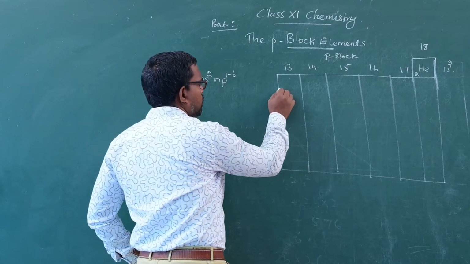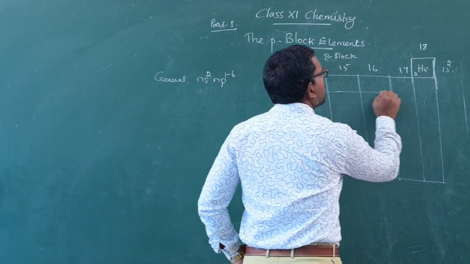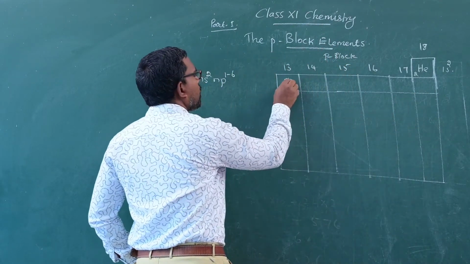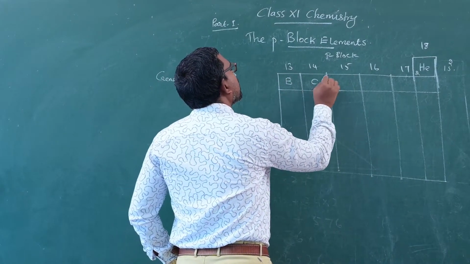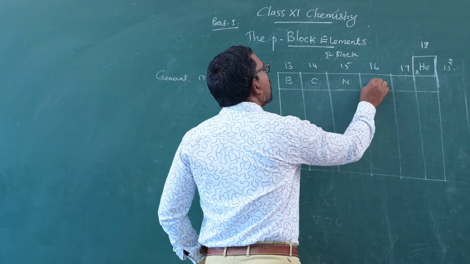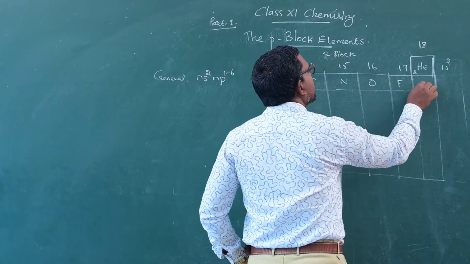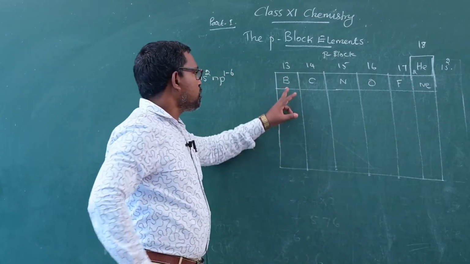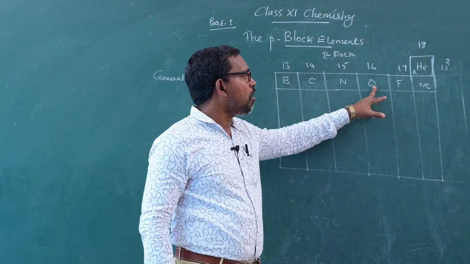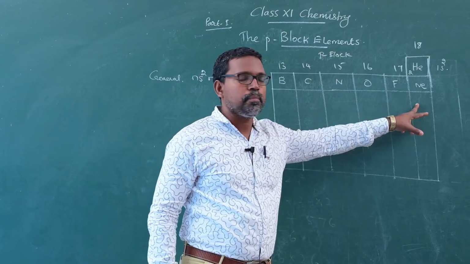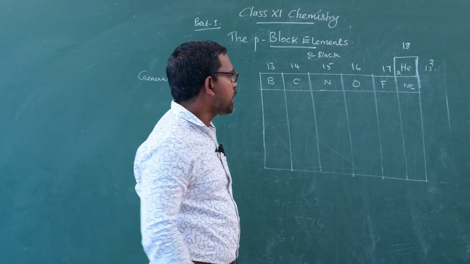Group number 13 is called the boron family: boron, carbon, nitrogen, oxygen, fluorine and neon. So the boron family, carbon family, nitrogen family, oxygen family, halogen family and noble gases.